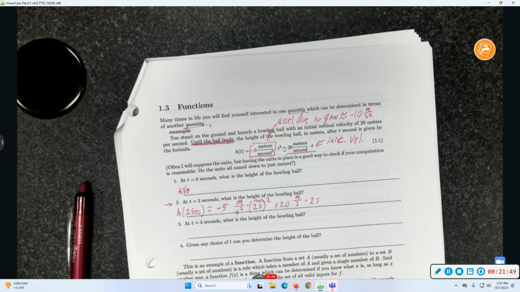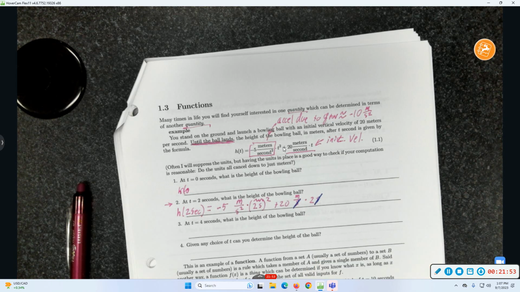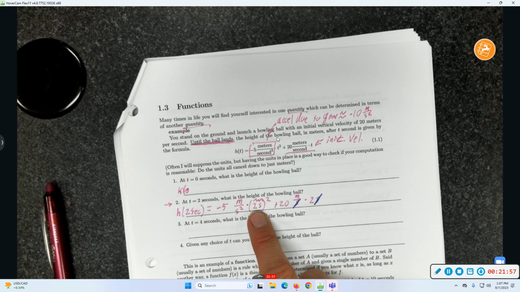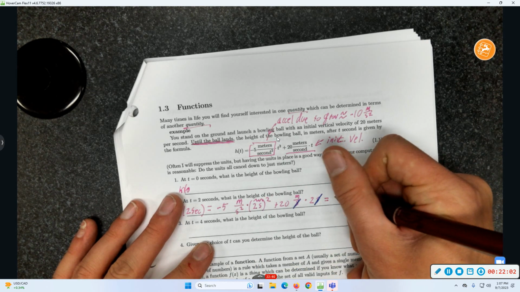And there are some things you'll notice straight away. Those seconds cancel. And if you are familiar enough with how squaring works, you'll see that something's going to cancel there, but maybe I'll expand that out and we'll see what happens.